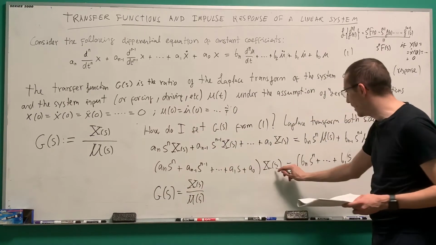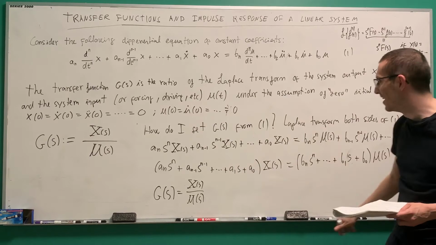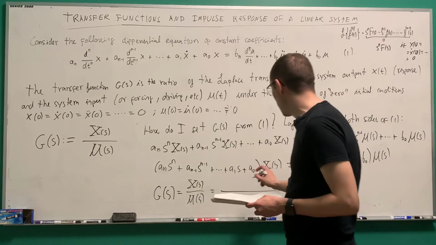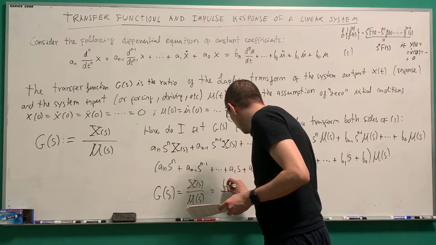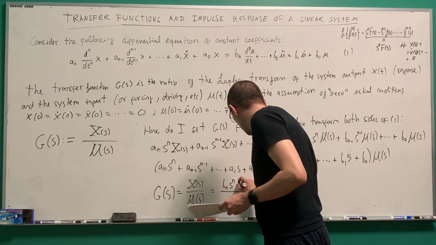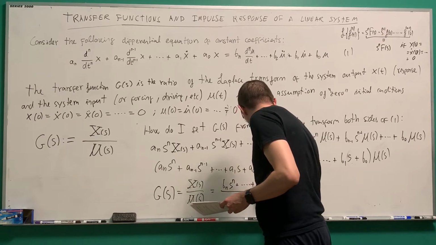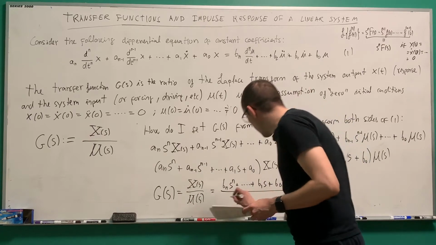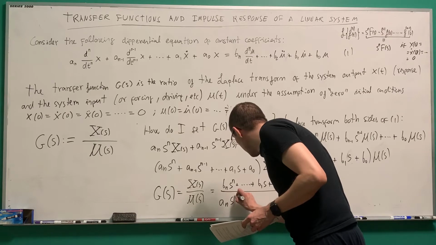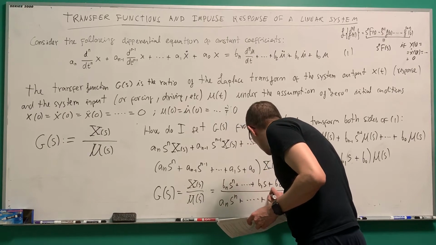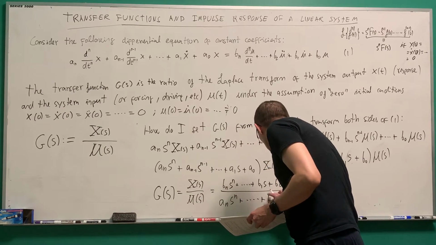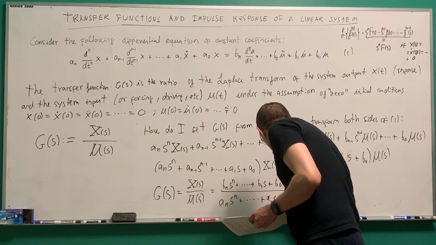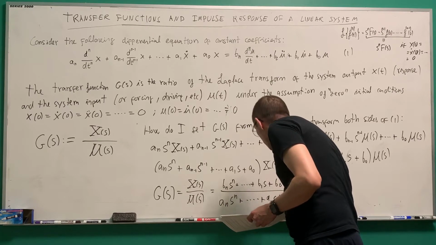I move this one here divided, and I get the ratio of these two polynomials: b_n s^n plus and so on, plus b1 s plus b0, divided by a_n s^n plus and so on, plus a1 s plus a0, and there you go.